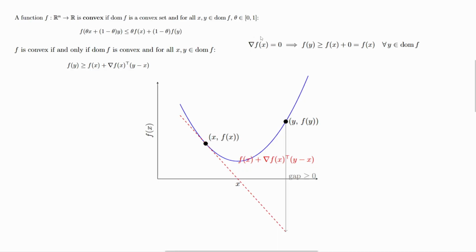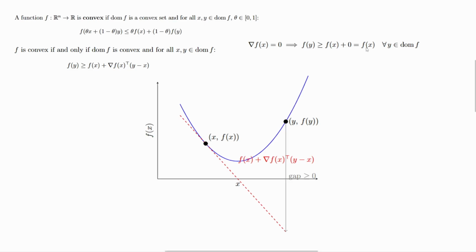And there's an immediate result that follows: when the gradient is 0, you just plug in 0 here, and you get that f of y is greater than or equal to f of x for all y in the domain of f. What this means is that when the gradient is 0, you've found a point x whose value f of x is the global minimum of the function.